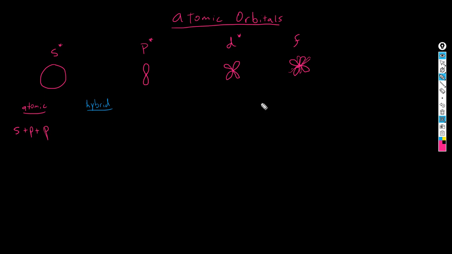Because we're combining three atomic orbitals, we will get three hybrid orbitals, which are called sp2 hybrid orbitals. The 2 tells us that there are two p orbitals being combined.